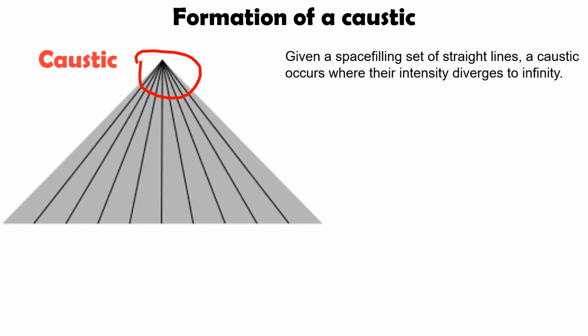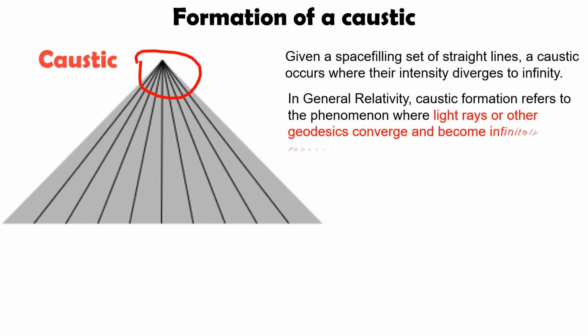This is actually the apex of this pyramid that is causing the caustic. So in general relativity, caustic formation refers to the phenomenon where light rays or other geodesics converge and become infinitely focused. This is very important in terms of general relativity and the Raychaudhuri equation, because caustic formation will help us to determine the characteristics of a black hole and the trapped surfaces, etc.